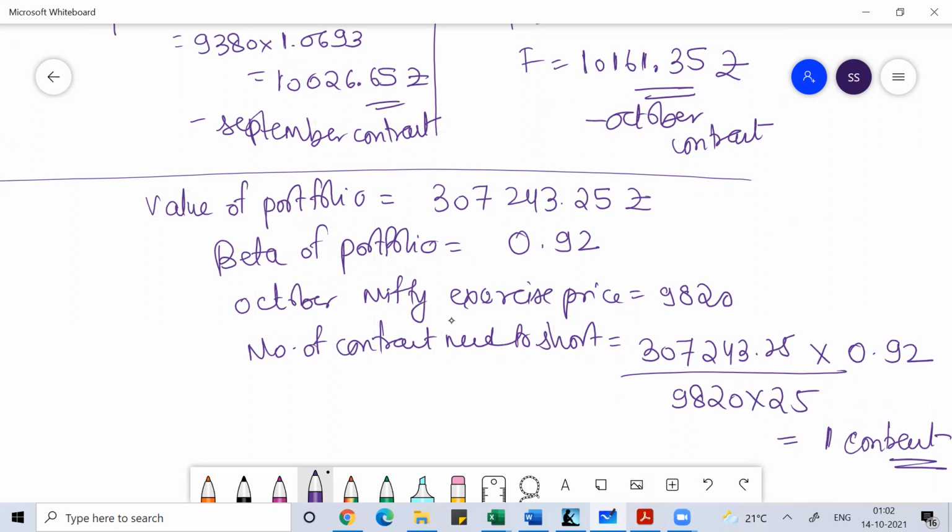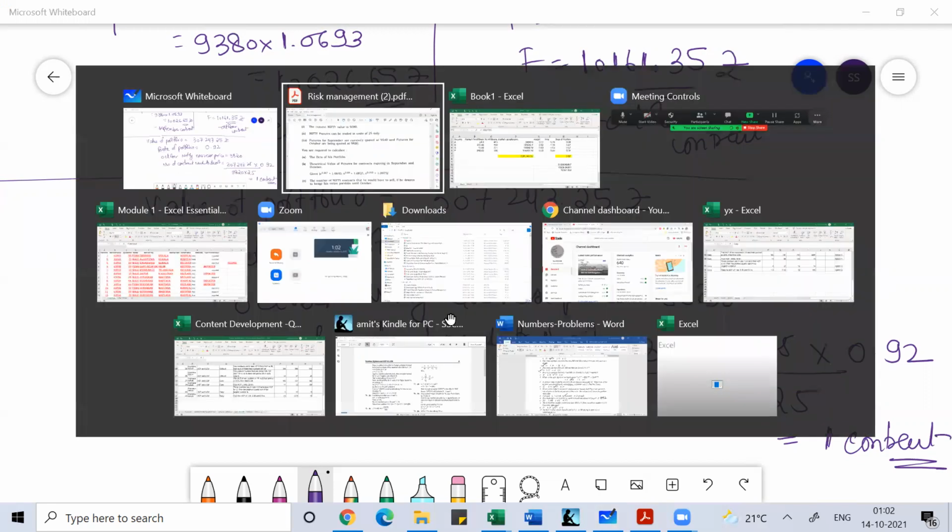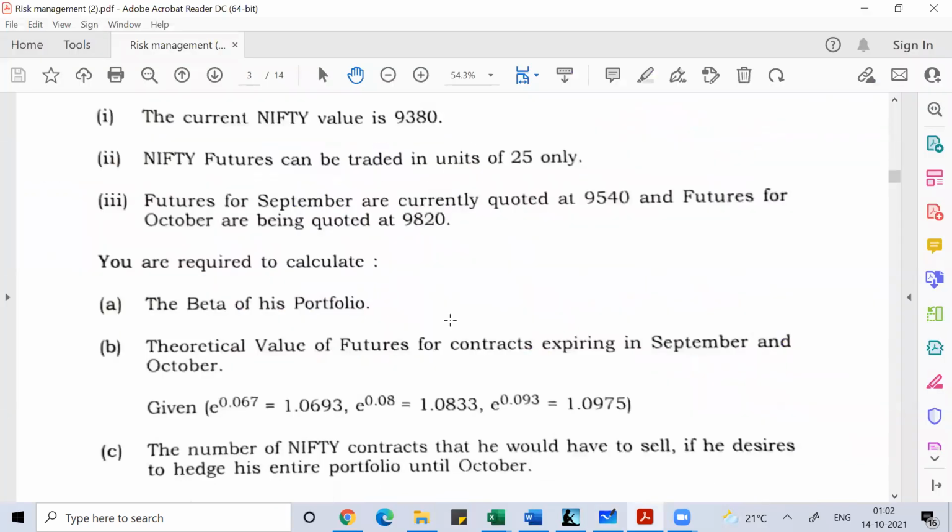That one contract will ultimately help him hedge the value of his underlying asset, because ultimately what this person doesn't want is for Nifty to fall. If Nifty falls, definitely the value of the portfolio will fall.